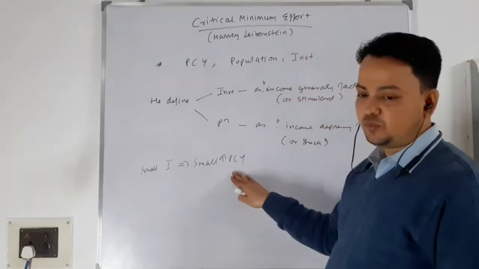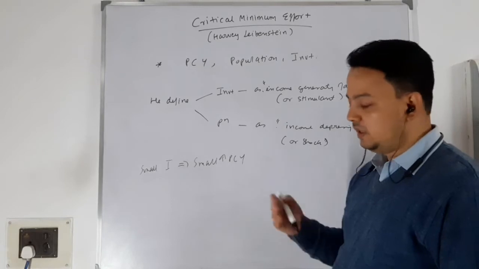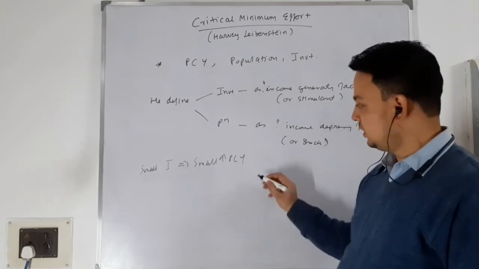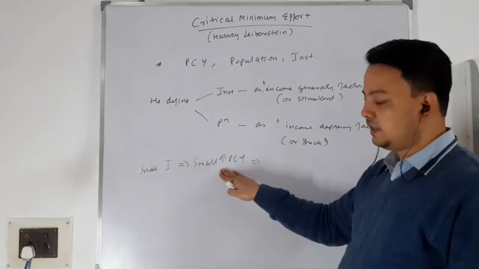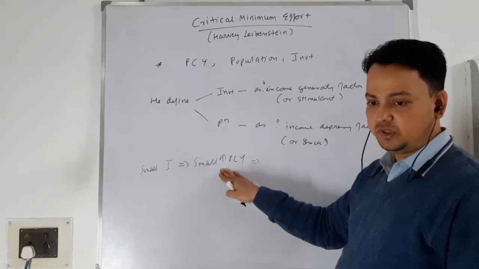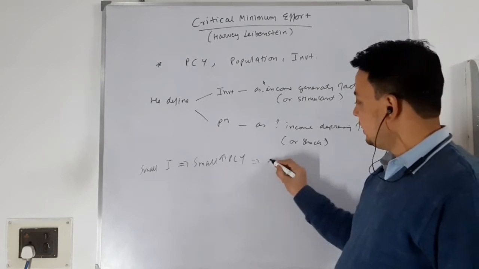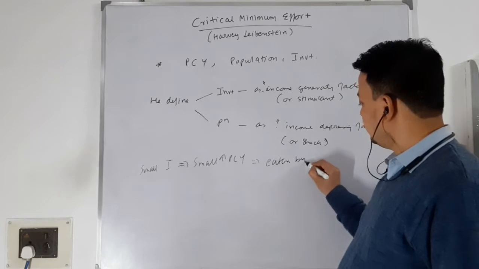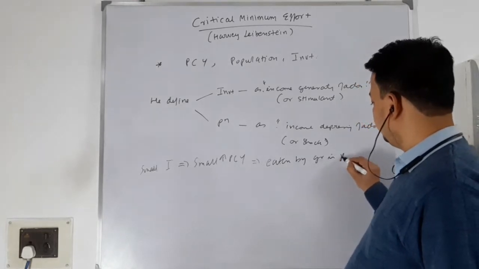This small increase in per capita income will induce population growth, and whatever the increase in per capita income, it will be eaten by growth in population.